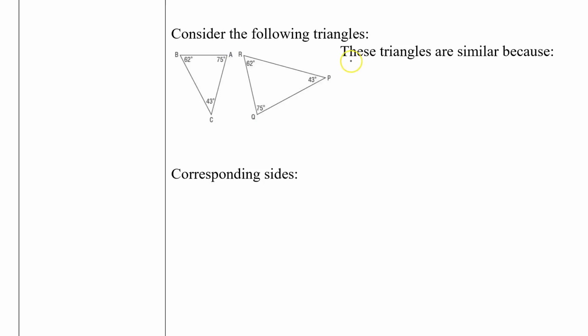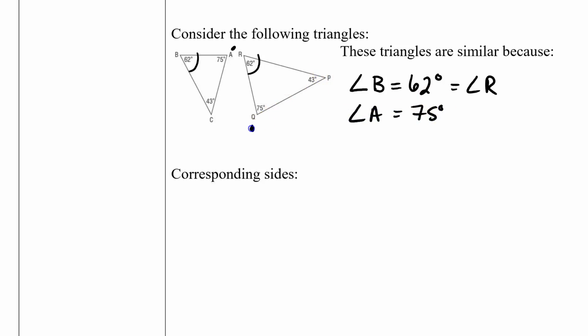Well, I can say these triangles are similar because angle B equals 62, that's funny, not 6 squared, 62 degrees, which also equals angle R. We can say that angle A equals 75 degrees, which is the same thing as angle Q. And angle C, which is 43 degrees, is the same thing as angle P.